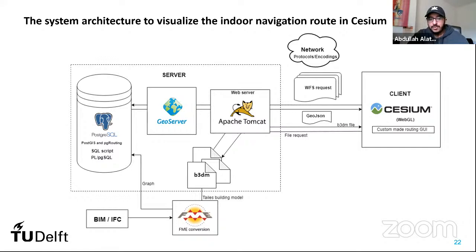Instead of using FME to convert the same 3D model into the database and the web-based application, we could store everything directly from BIM to the database, and the database would communicate with the web-based application. Yes, I think it's better, because maybe it will make it faster. I believe that, but I'm not sure.